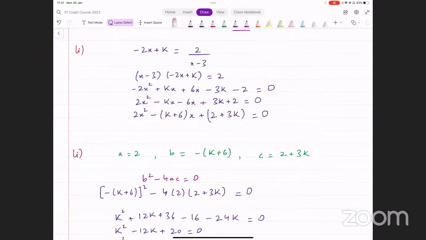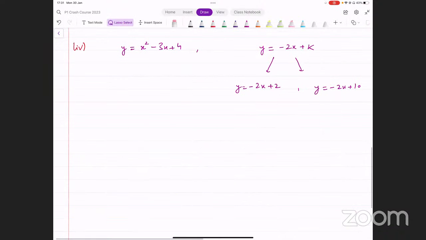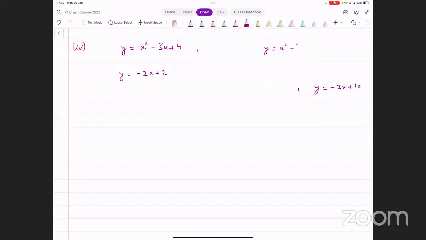Number one, we need to solve y equals x squared minus 3x plus 4 and y equals minus 2x plus 2. And the other set of equations is, when the value of k is 10, y equals x squared minus 3x plus 4 with y equals minus 2x plus 10. We need to solve both these sets of equations simultaneously.